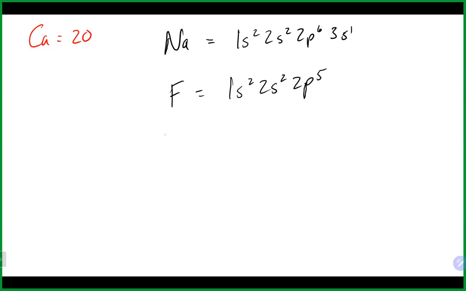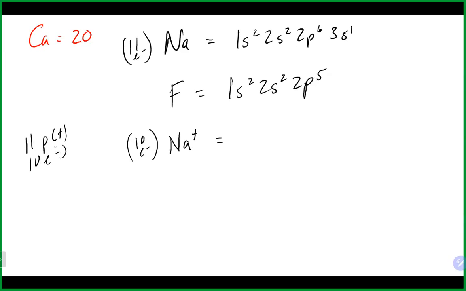And if sodium, for example, had a +1 charge, what that means is sodium with no charge has 11 electrons. Sodium with a +1 charge actually has 10 electrons in this case. And that is because, again, sodium has 11 protons and only 10 electrons, which gives us a net +1 charge.